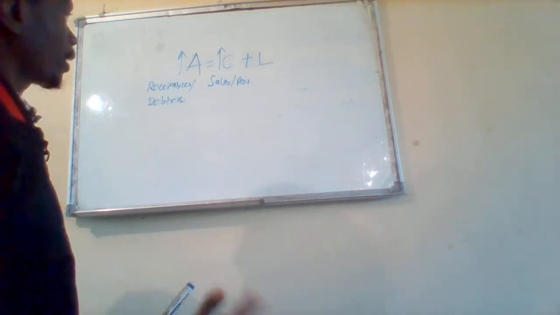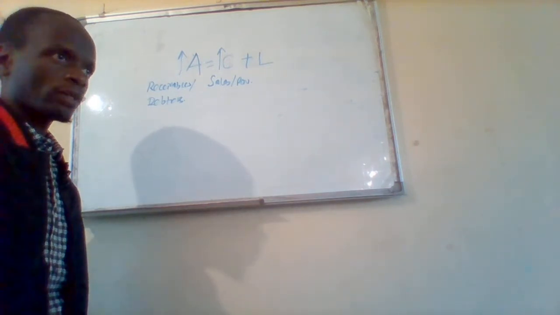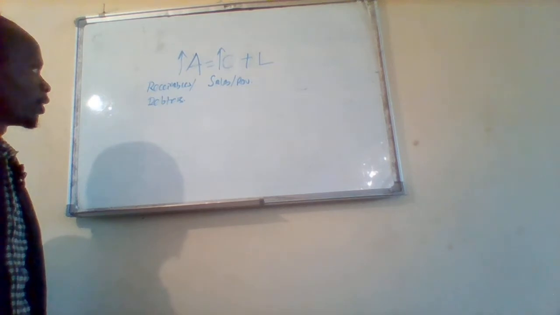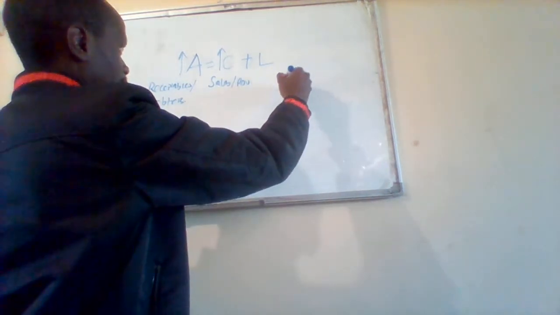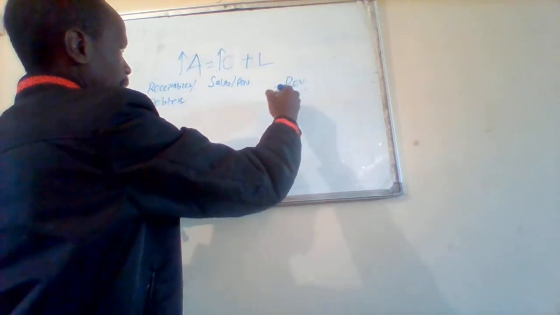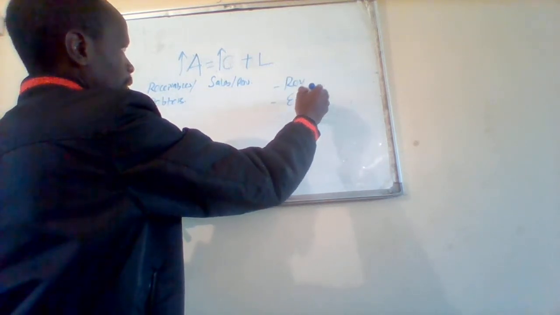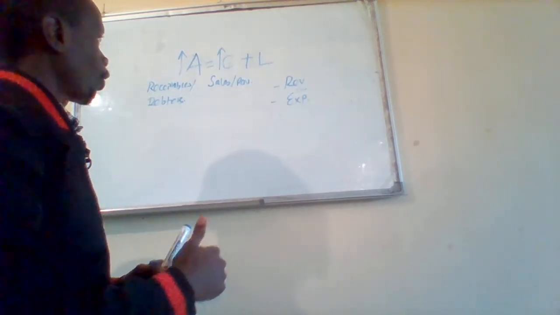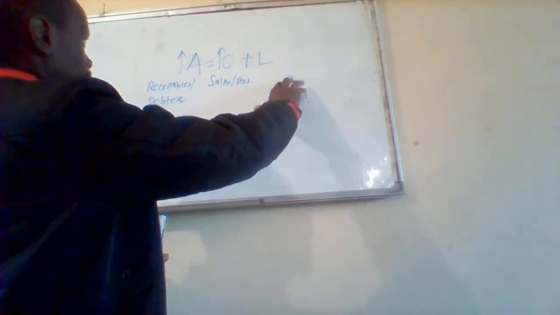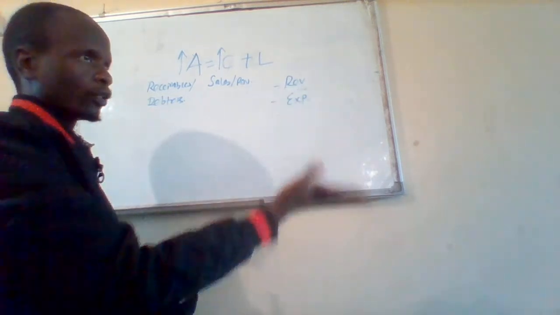Now to recap the lesson that you have had today, we were looking at the effect of revenue and expenses on the accounting equation. Now, we have realized that revenue increases owner's equity.